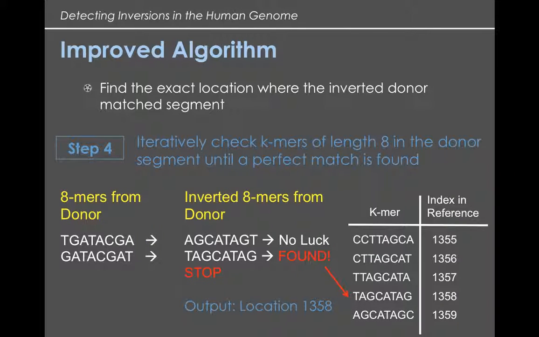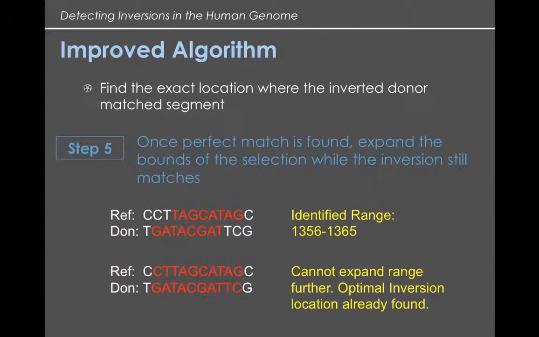Then I look for where the several k-mers in the donor within that same range correspond to the reference. Using that index, I can calculate exactly where a k-mer of length 8 matched perfectly when inverted in the donor and compared to the reference. Once that range is obtained, I see if I can expand the size of the inversion to find the maximum length of the inversion.